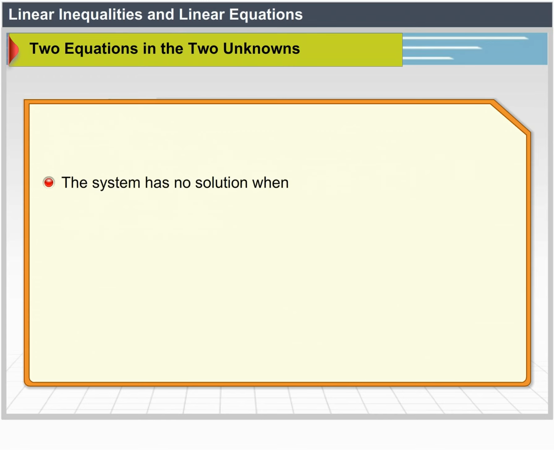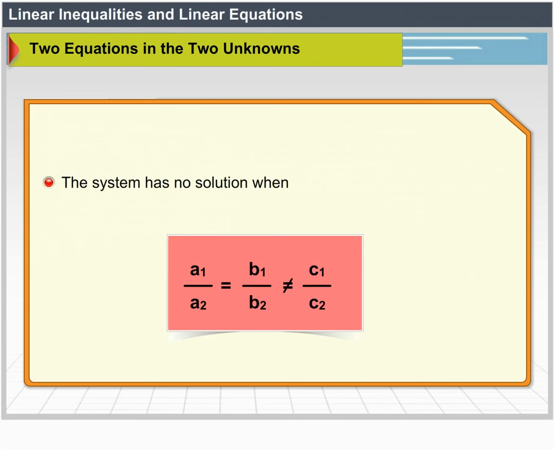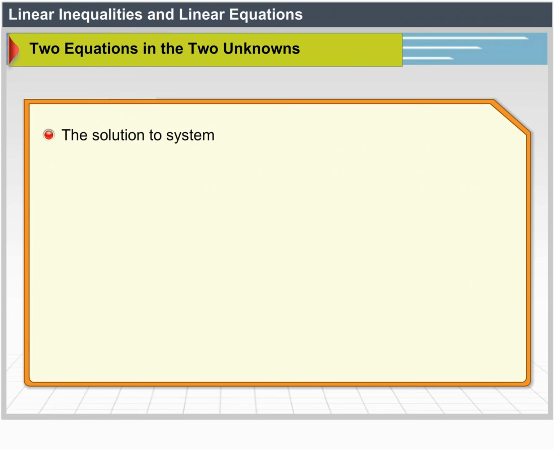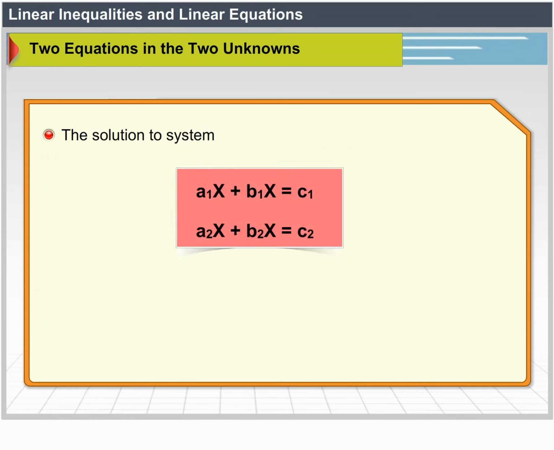The system has no solution when a1 by a2 is equal to b1 by b2 is not equal to c1 by c2.